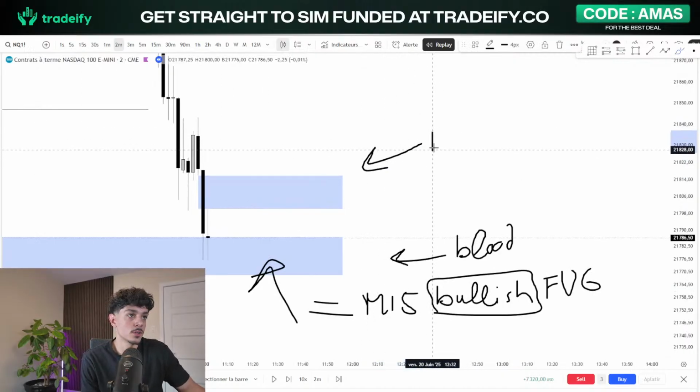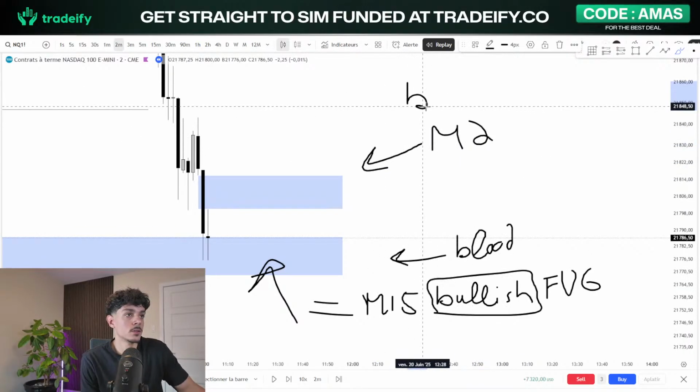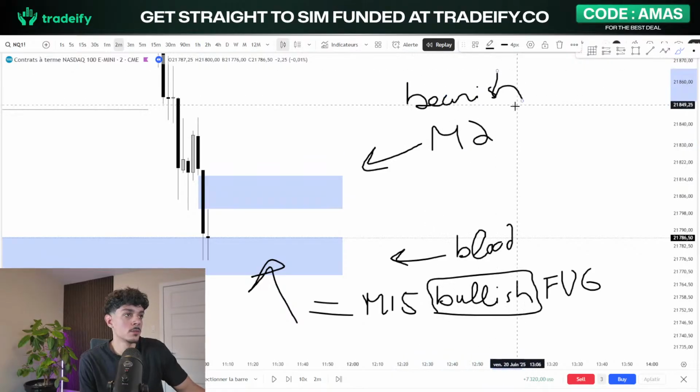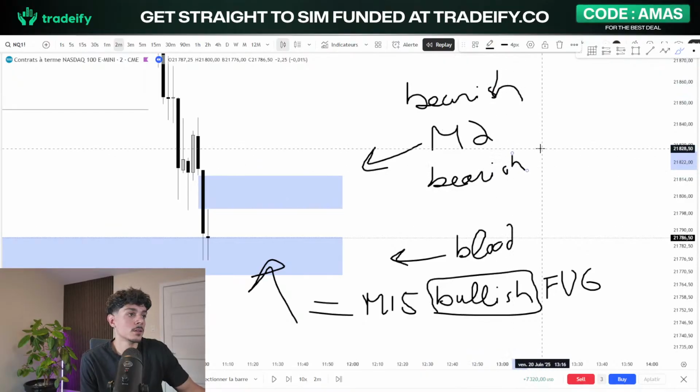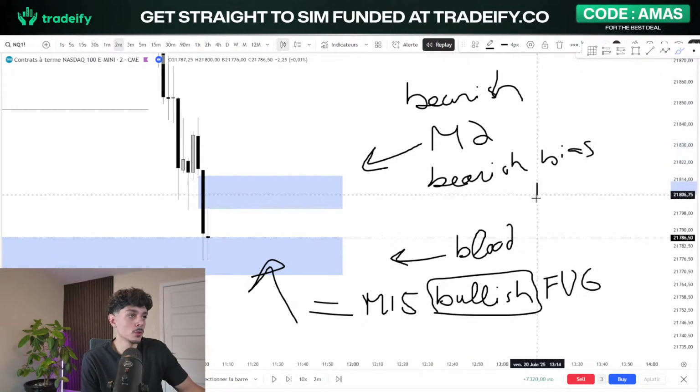Bearish IFVG here on the M2 means you have a bearish bias on the lower time frame.